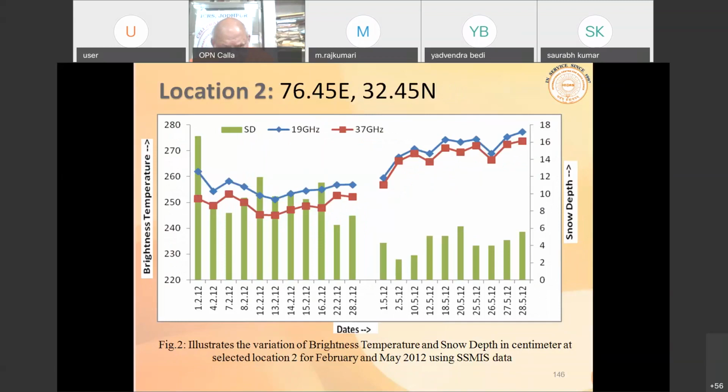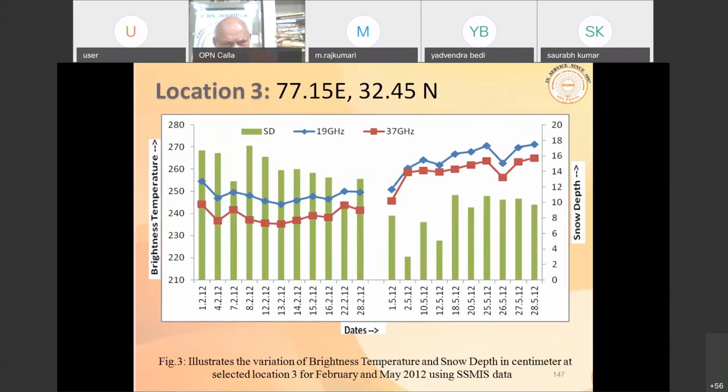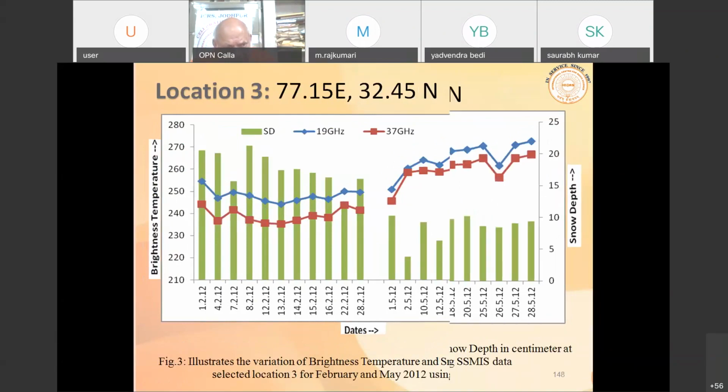Between February and May, two different months, depth is very different. In May the ice is melting and so depth is low, and February is there. So this is all that we have done in studies at ICRS.